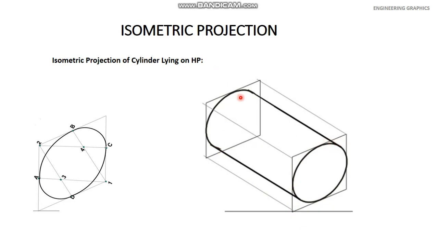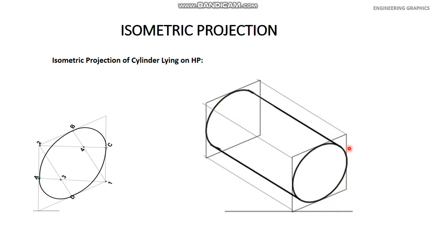How to draw the box? First of all, take a line at an angle of 30 degree, this line, and this should be equal to the diameter of the circle. Take a vertical line equal to the diameter of the circle, then parallel to these two lines, draw these two lines also. So this is a square.